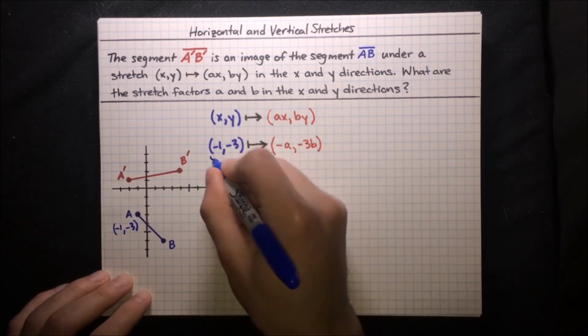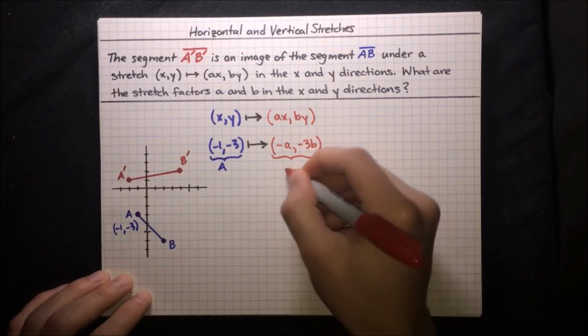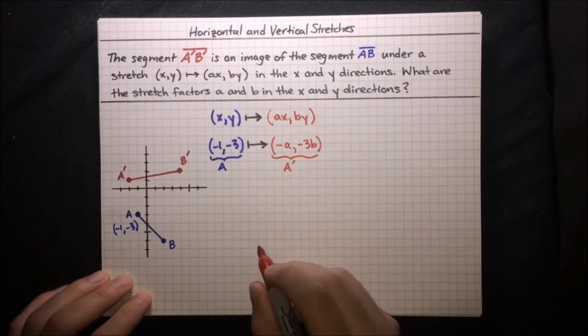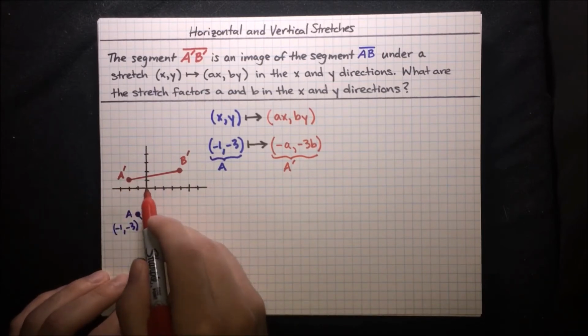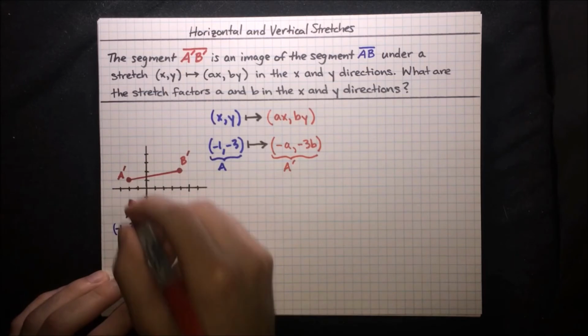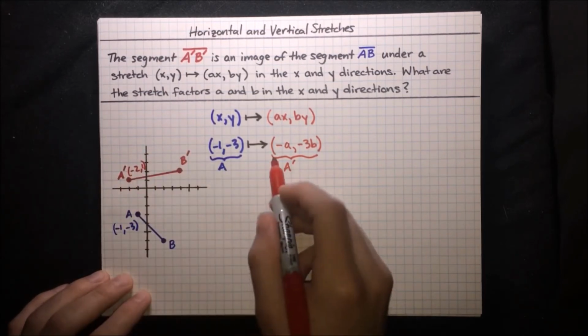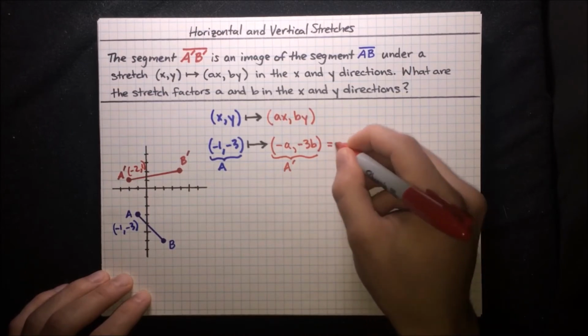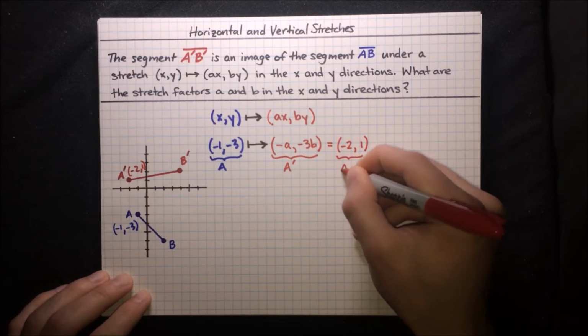This point needs to be A prime, because that's A after the transformation. We can pick out what A prime is from the graph here. A prime is (-2, 1). So we know that this point has to be equal to (-2, 1), because that's also A prime.